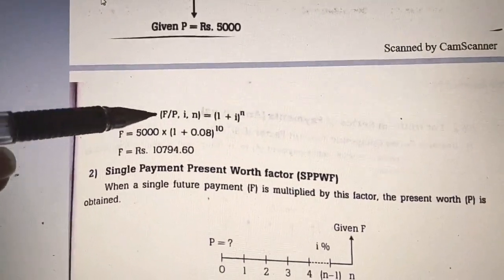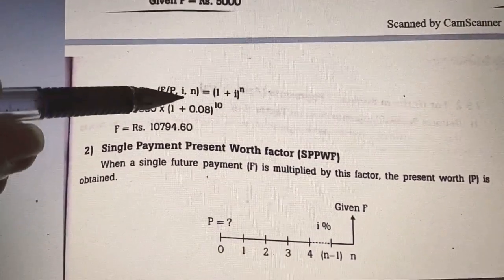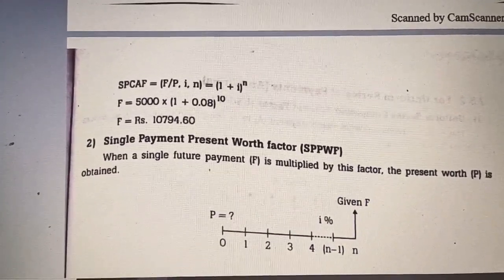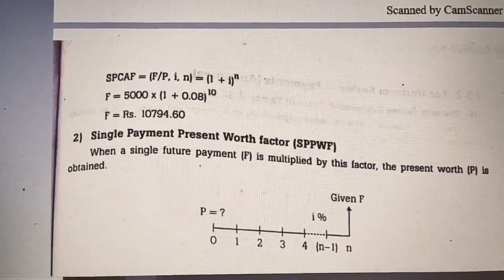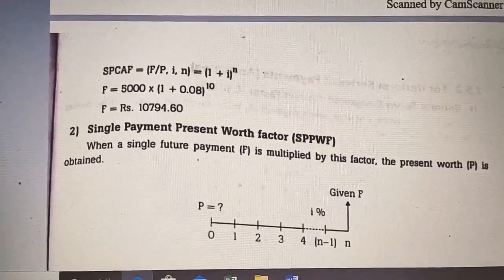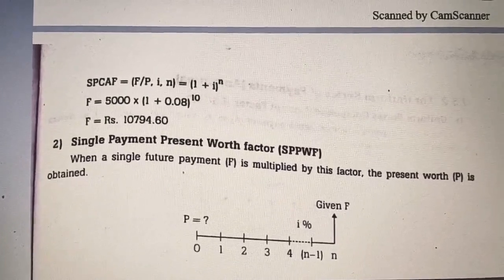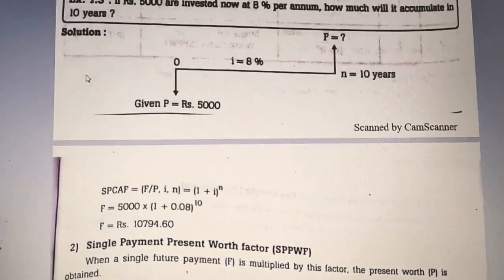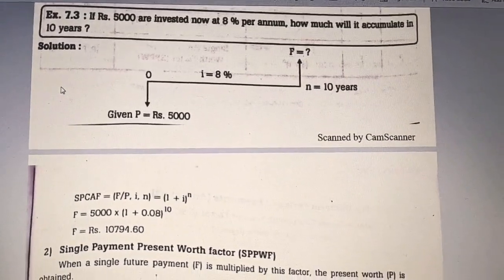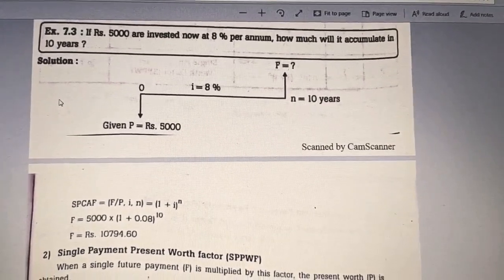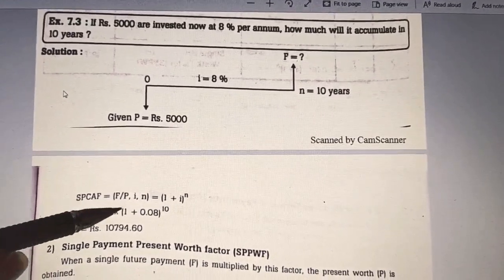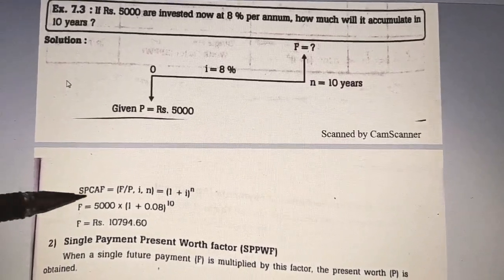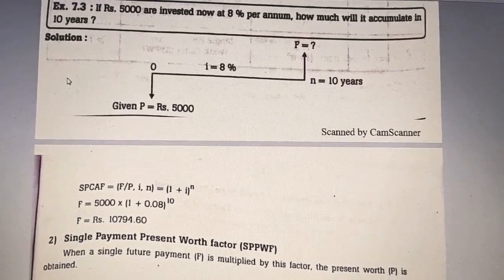SPCAF is equal to F by P comma I comma N, that is again nothing but 1 plus I raised to N. So altogether what I mean to say here is, if I want to calculate the amount after a certain duration for the investment of 5,000 rupees with 8% of interest, the formula I have to use is F is equal to P into 1 plus I raised to N. So here the notation P we use for present worth.